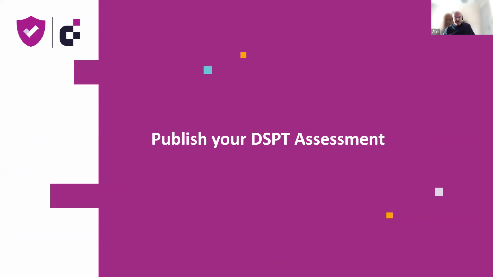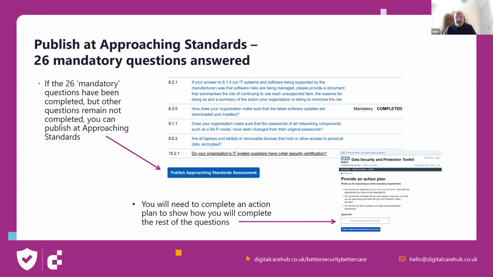So how do you go about doing that? Well, if you've only answered the mandatory questions, the 26 that I indicated earlier, and you've responded to all of those but the other questions are not completed, then at the bottom of the toolkit, as you scroll down, there will appear a blue Publish Approaching Standards Assessment button. In order to publish, you would click on that link.